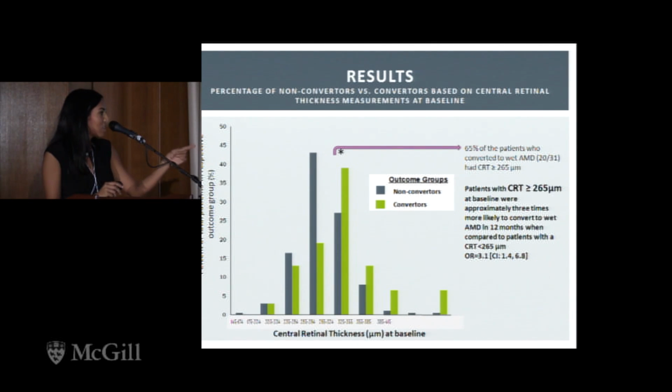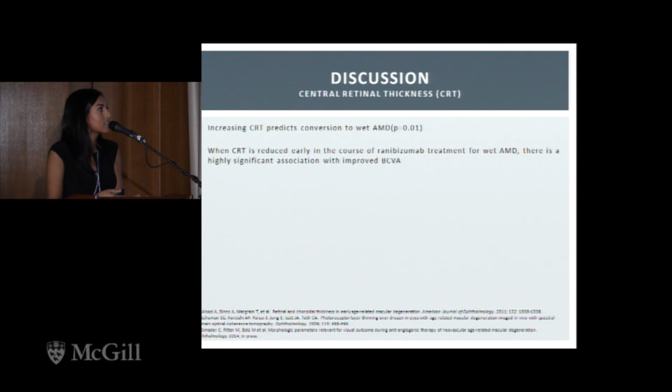The scale at the bottom is sort of off, but where that purple line is extending from, at 265 micrometers, is where there's a switch where a much higher proportion of patients are converting to wet AMD. So approximately 3 times more patients converted once they were over 265 micrometers for their baseline central retinal thickness.